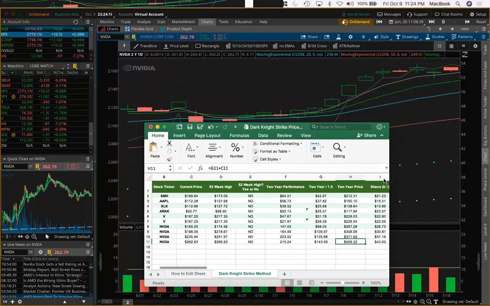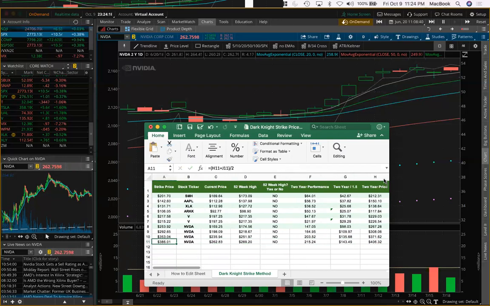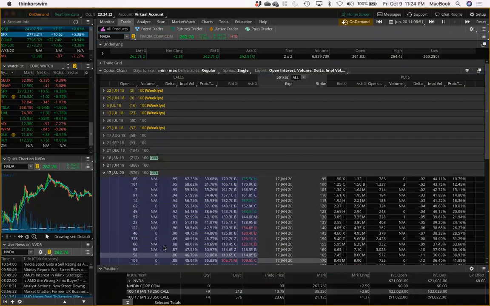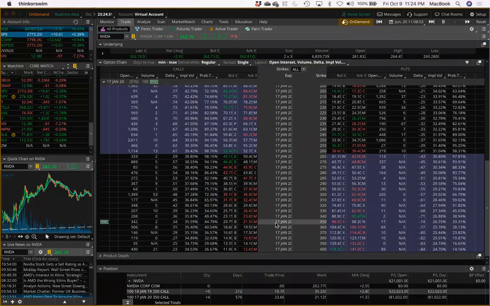It gives us a strike at 386.01. So you guys, you see how the process goes when you're doing this back testing. So 386.61, I'm going to round down. I'm going to do the 380 strike.